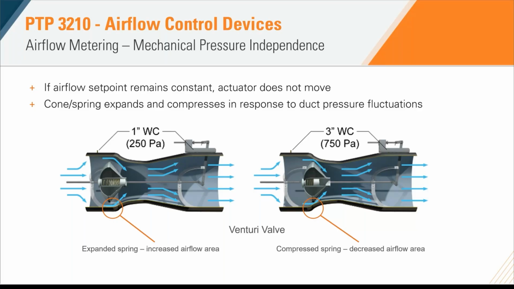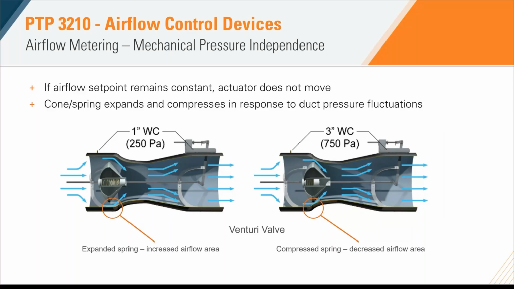Now, if the pressure drops from 3 inches to 1 inch, that spring will expand, increasing the available airflow area, resulting in that same constant 500 CFM of flow. Again, this is a purely mechanical response. There are no controls or electronic components telling that spring to accommodate for this pressure change.